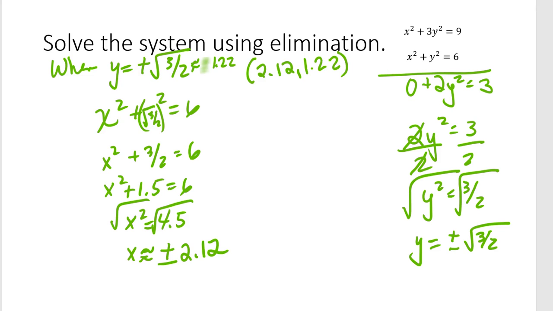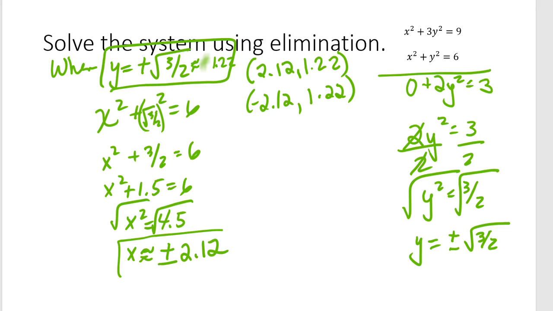Okay, and we said the other one will be negative 2.12, and that will also be 1.22.